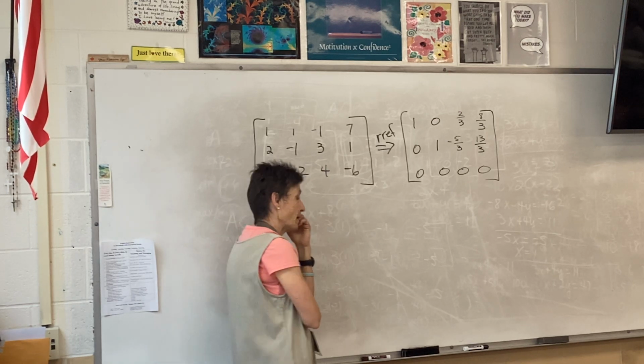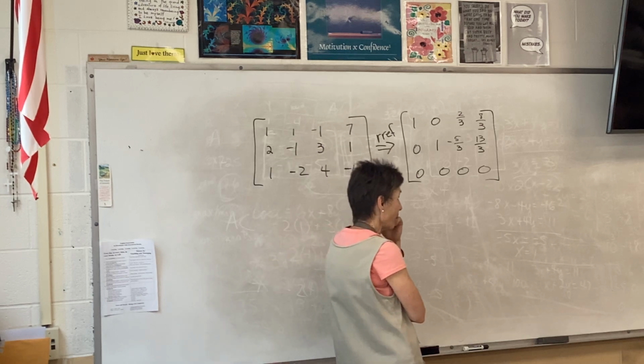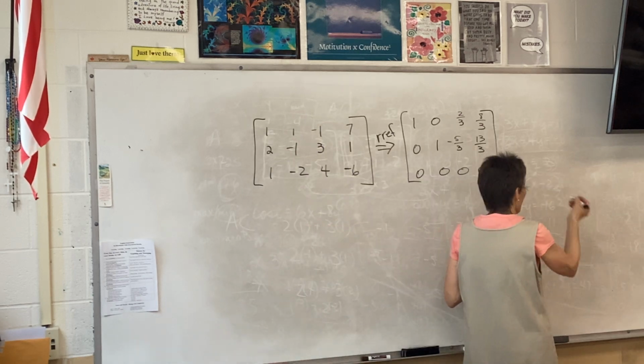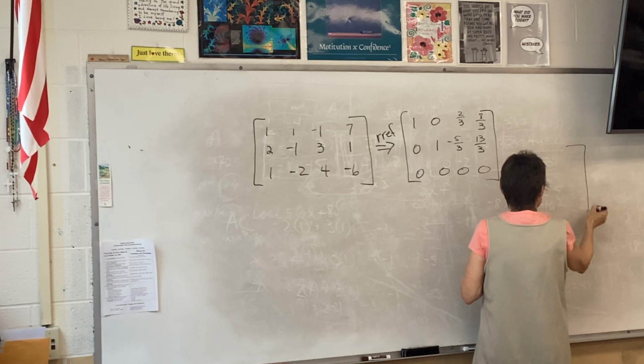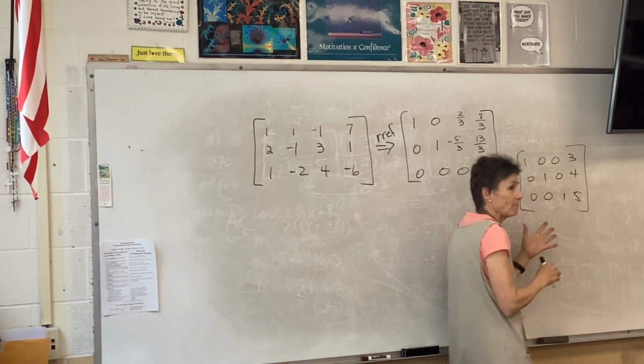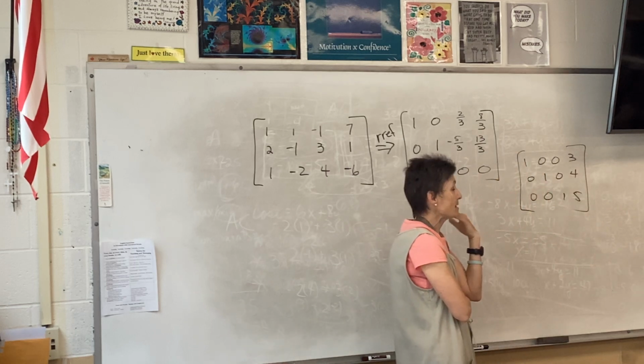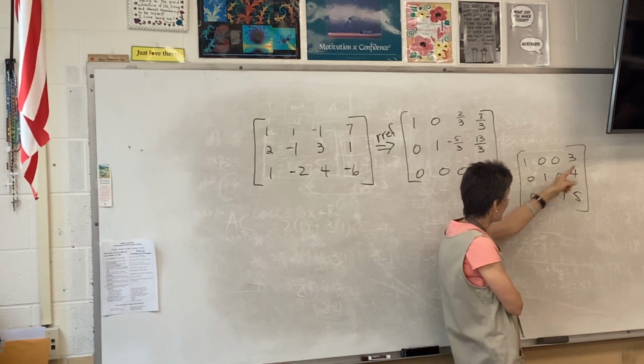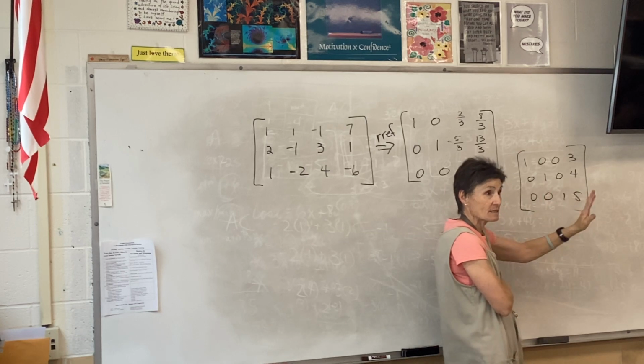Ideally, when we RREF, reduced row echelon form, we get a matrix that looks like this. This is what we want to have happen, because that tells me that x is 3, y is 4, and z is 5.